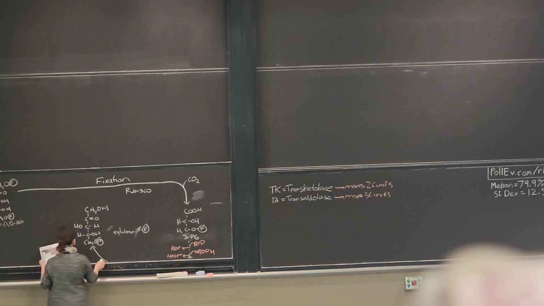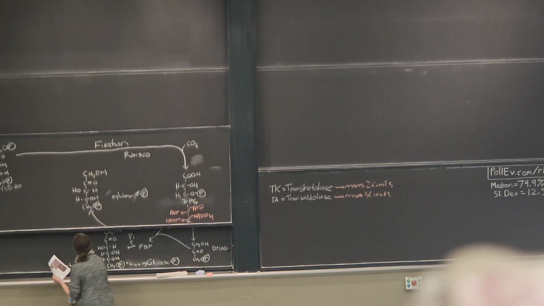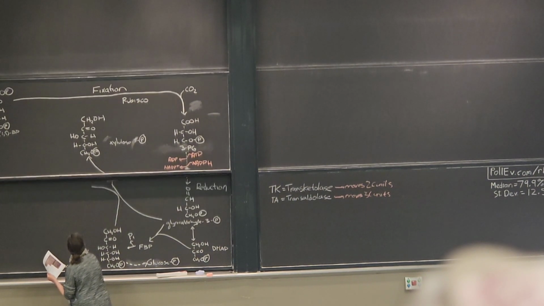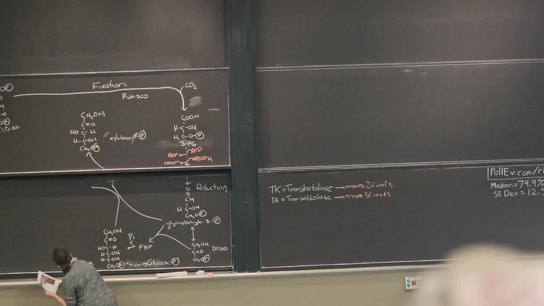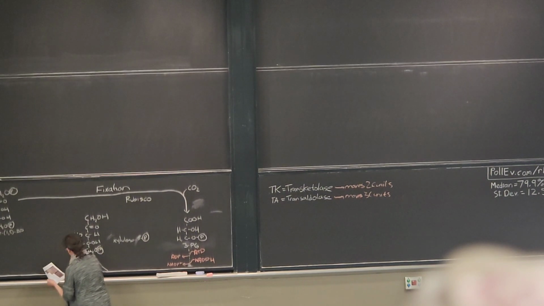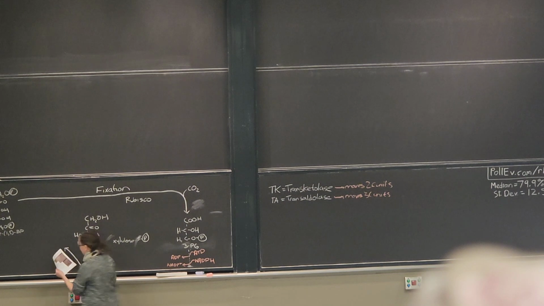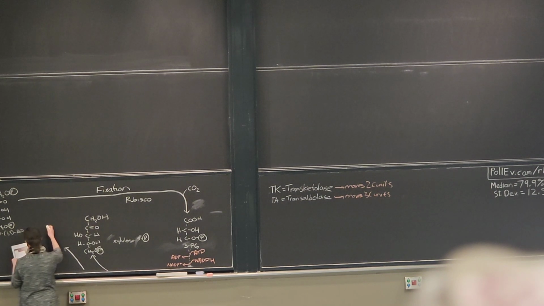The other thing that transketolase produces is something called erythrose 4-phosphate. So I'm going to draw that here. That is a 4-carbon sugar.